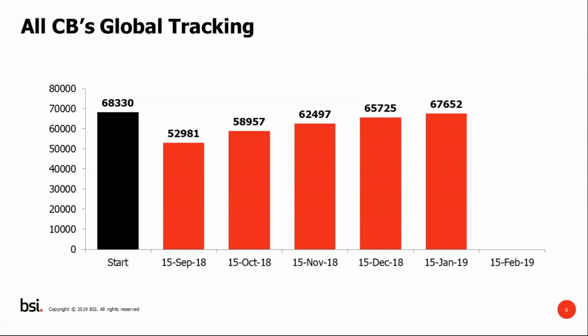So although we dropped significantly as of the 15th of September 2018, you can now see as of the 15th of January 2019, we're almost back to the pre-transition numbers at 67,000 or so. Interesting to see the way the process has gone, and I would imagine by the end of January the certificates will start to be over the pre-transition total.